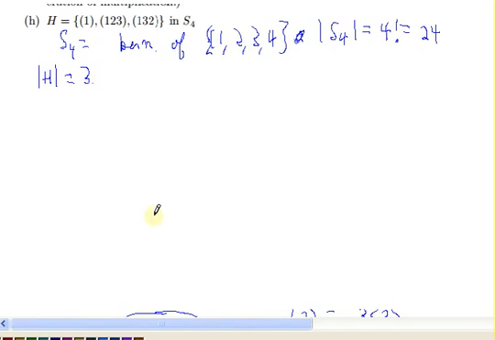Okay. Now, to find cosets of H in S4, I'm going to do a similar process to what I did before. I'm going to take H and multiply. Let's do the left cosets first. To do the left cosets, I'm going to have to multiply on the left by group elements.